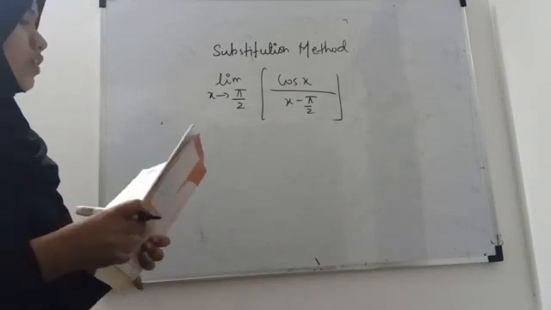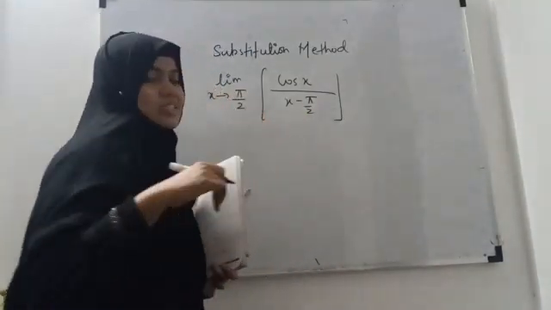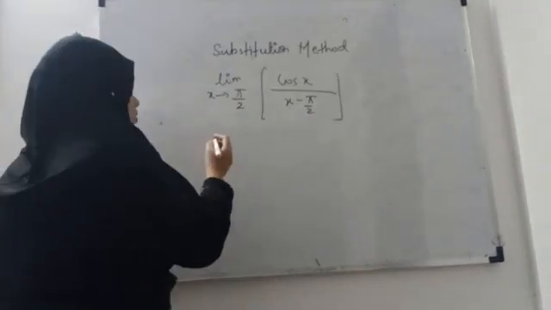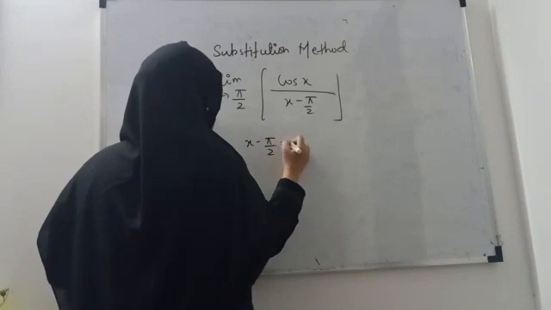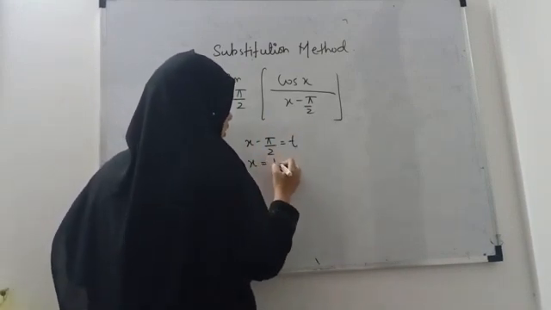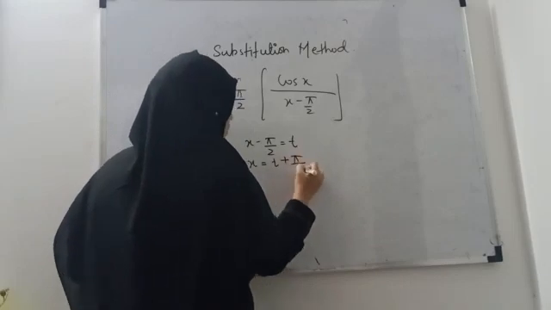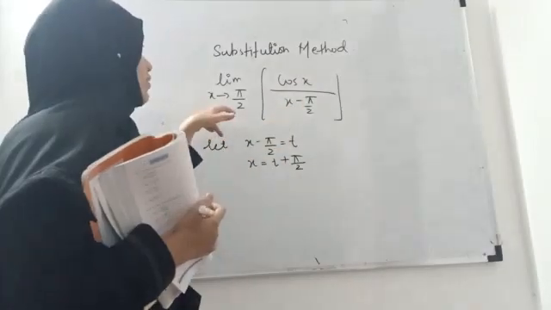Okay, so we will substitute the denominator x minus pi by 2 as some new variable t. So let t equal x minus pi by 2, that means from here x will be equal to what? t plus pi by 2. We are changing the variable x into t, but we have the limit for x, right?